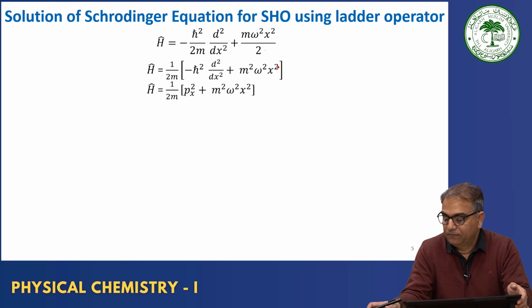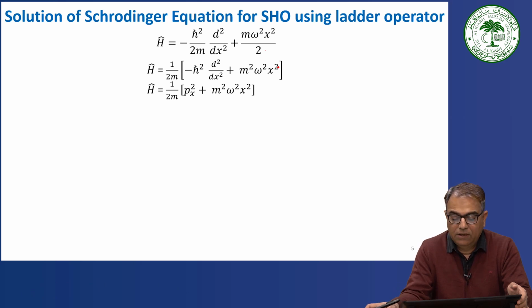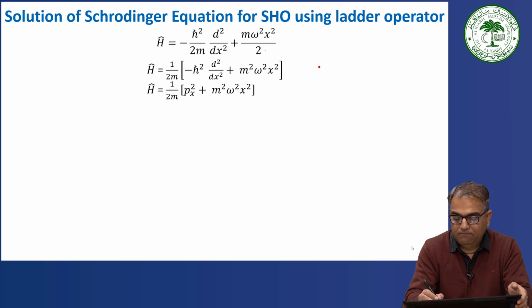Now if you remember, the Px operator is minus i h cross d dx. So what will be Px square?